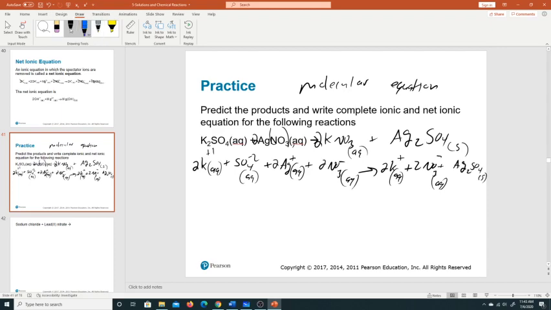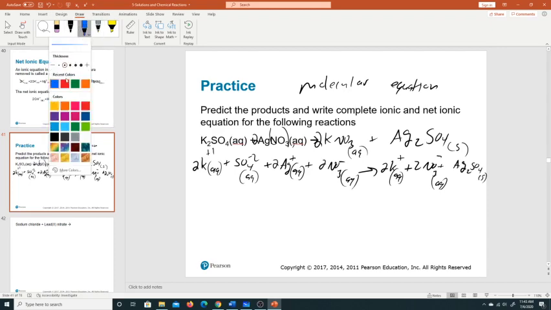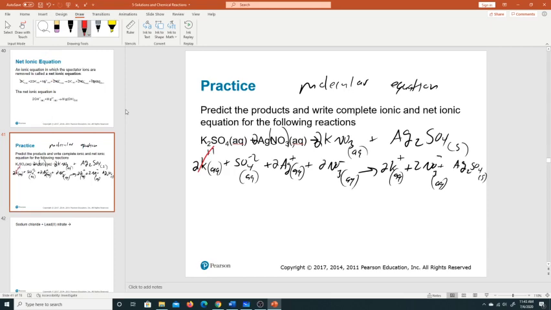Now to write the net ionic equation, we have to cancel out the spectator ions. So whatever's in common on both sides. So I have 2K plus, 2K plus, 2NO3 minus, 2NO3 minus.